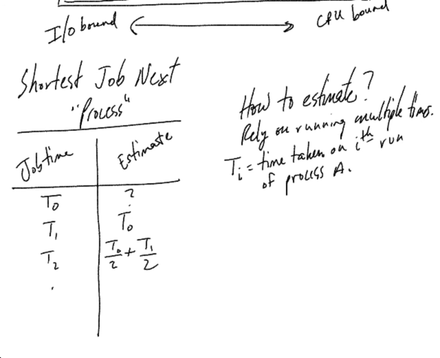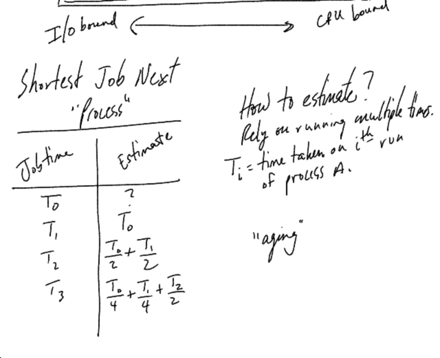Once T2 finishes, we could average the three runs, but we want to weight it. We want to use what's called aging. Because when T2 ran, the state of the system was different from back when T0 ran, and it's probably fairly similar to what the state of the system is now. So we want to weight T2 more heavily. We're going to do this: T0 divided by 4, T1 divided by 4, and T2 divided by 2.